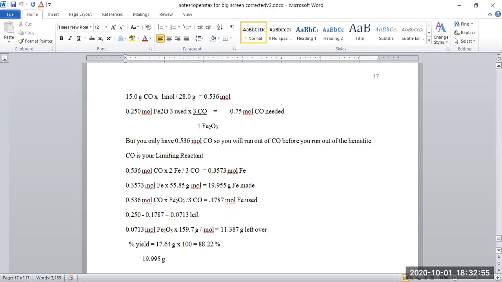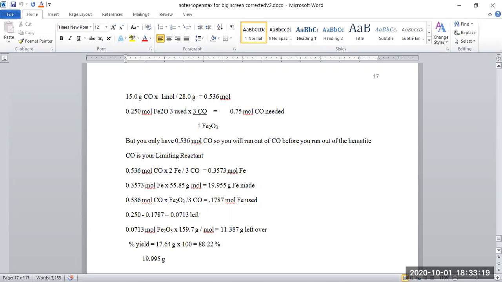I had a quarter of a mole to start with. So I subtract. I had 0.0713 moles left. Multiply that times its molar mass. Of my original 40 grams that I started with, a bit over 11 of them never got used. They just kind of ended up in the bottom of the bowl.